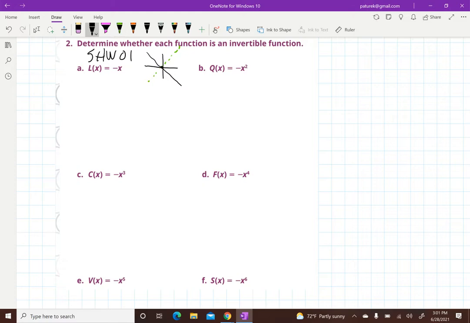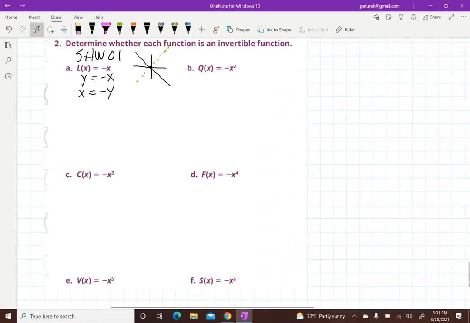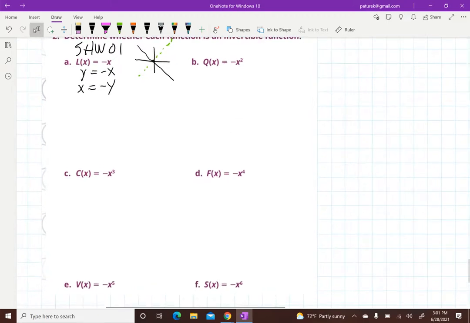Now, formally, how do we assess whether or not it's invertible? We would reverse the values of x and y. So if L of x is y and negative x is the x side of this equation for the original, we replace x with y and we replace y with x. And then we ask ourselves, can we turn it around and make it into just one working functional equation?